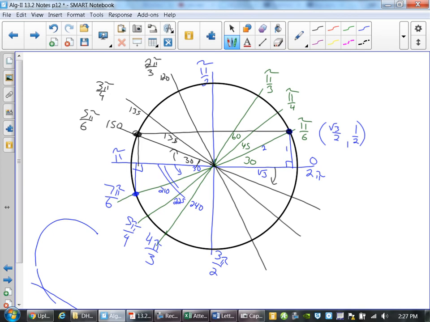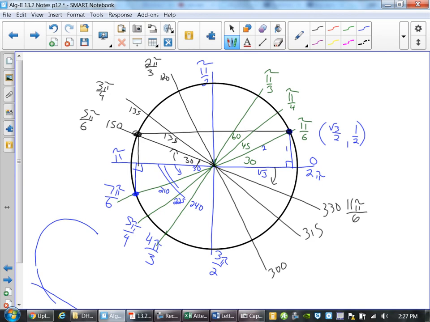So 30 degrees away from 360 is 330. 45 degrees away from 360, 315. And then 300. 1/6 away from a whole, 2 wholes. 11/6, very good. 11 pi over 6.